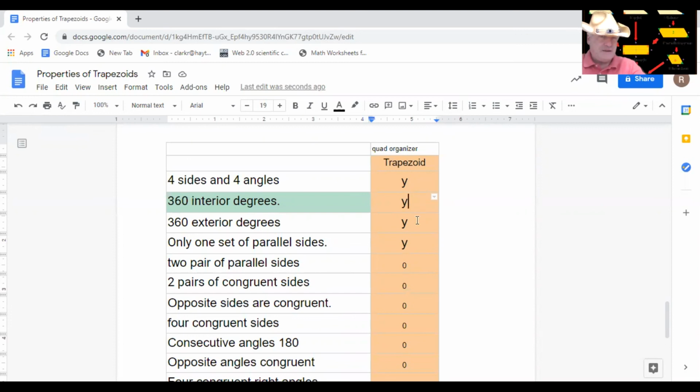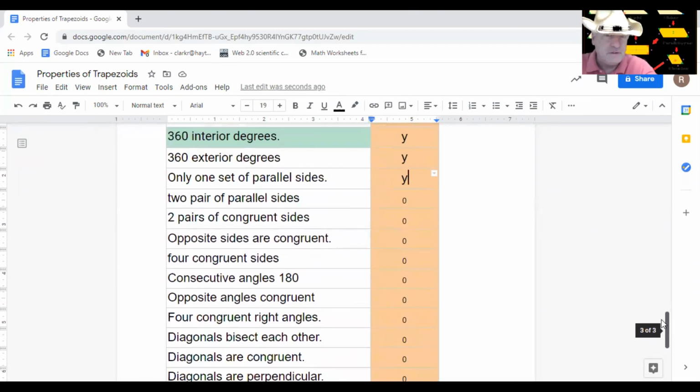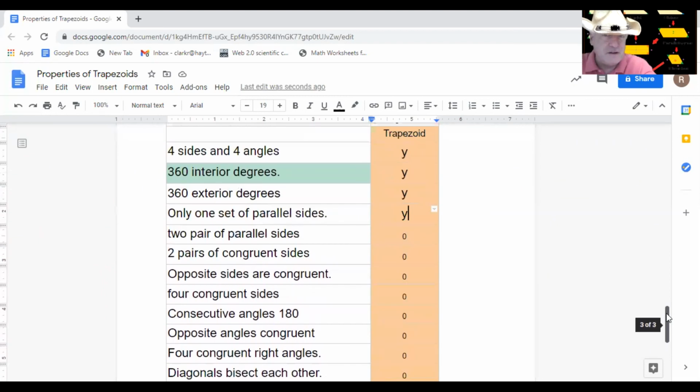I have a Y. I got a Y at 360 exterior degrees. And Professor Pi made me put a Y here on the only 1 set of parallel sides. And everything else on my chart's got a little tiny 0 because it don't count about no trapezoid. Make sure your chart matches mine and then go home and study for that test.